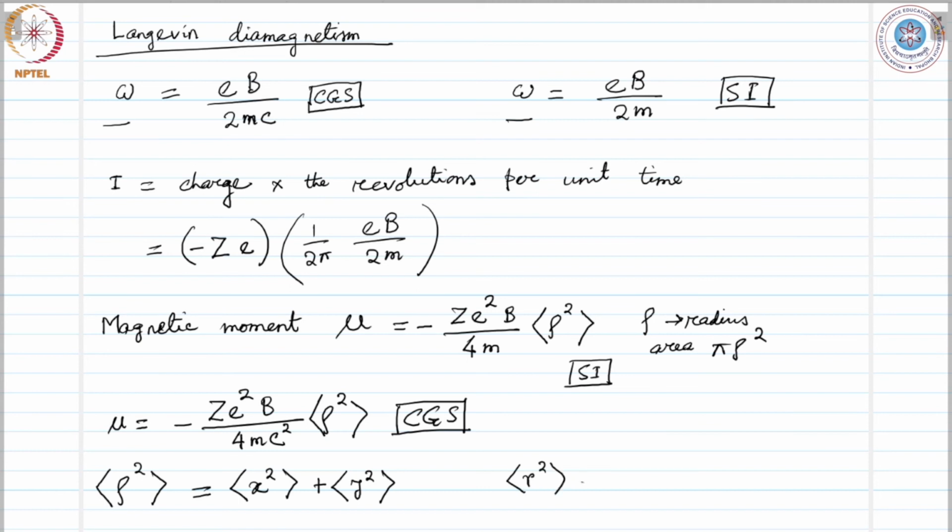This quantity is the average of x squared plus the average of y squared plus the average of z squared.